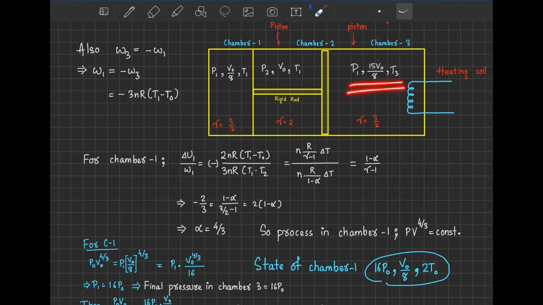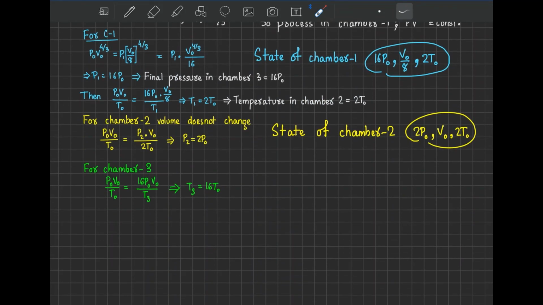Now we need chamber 3. For chamber 3, P1 we already got, 16 P0, which equals the pressure of chamber 1, and the volume also we got. We only need T3. So again we put initial PV by T equals final PV by T. P0 V0 by T0 equals final pressure 16 P0 into volume, sorry, this is a writing mistake, the volume should be 15 V0 by 8, by temperature T3.